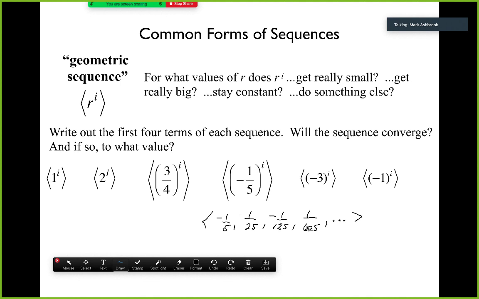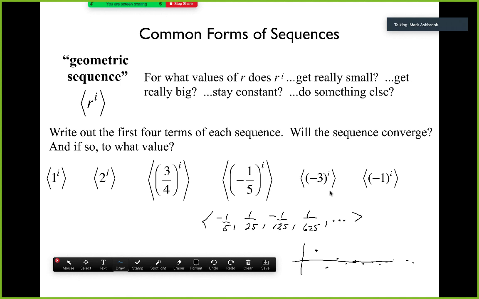The fact that it alternates doesn't really matter. If you imagine a graph, the numbers will hover on either side of the horizontal axis, still honing in on 0, from the bottom and from the top.